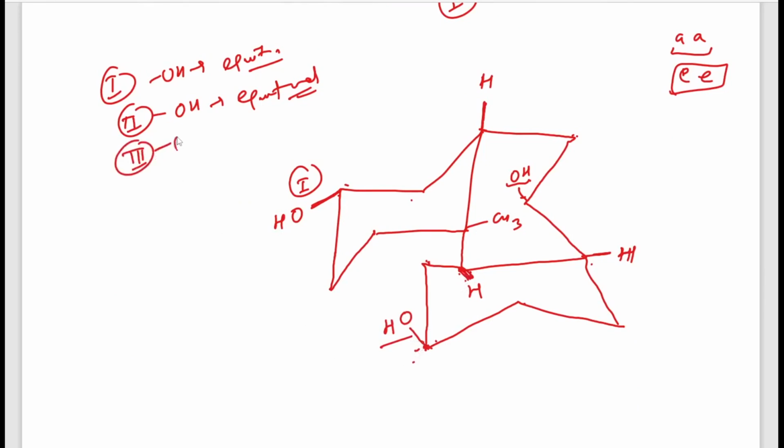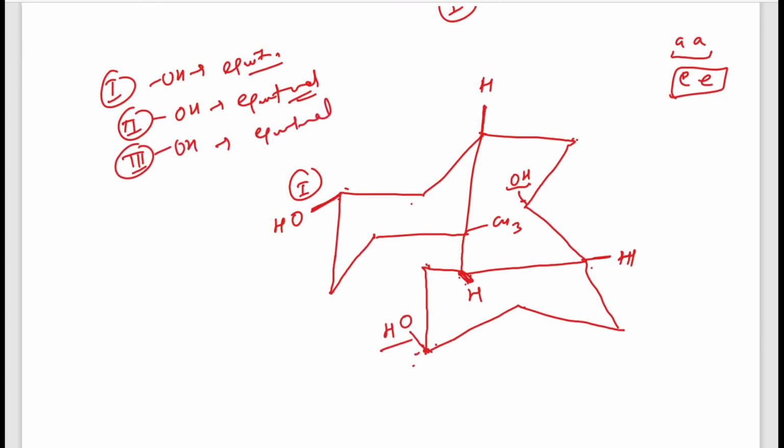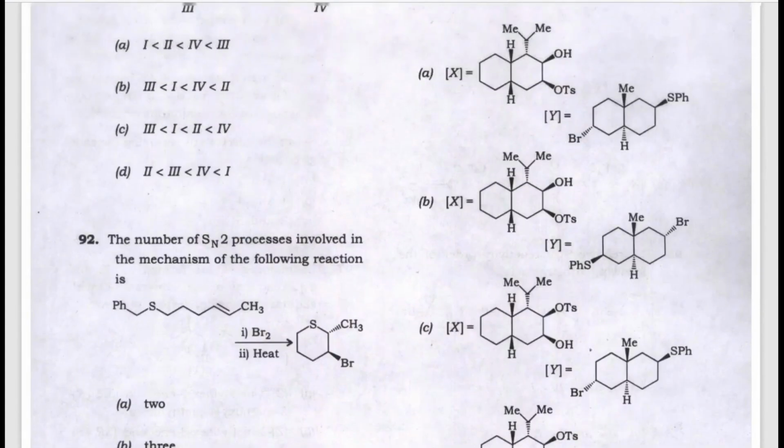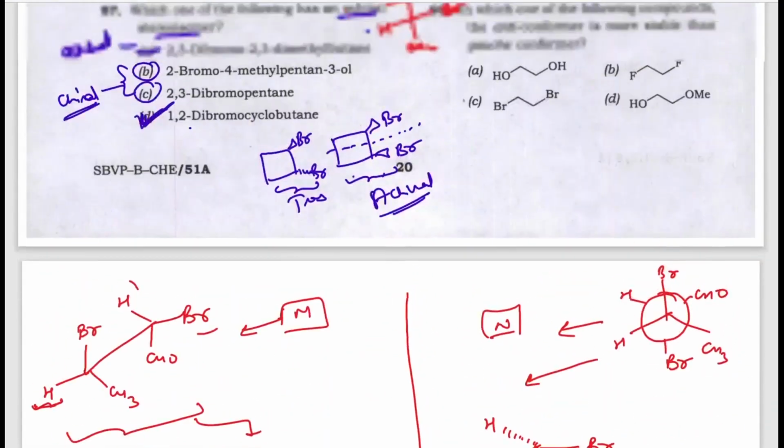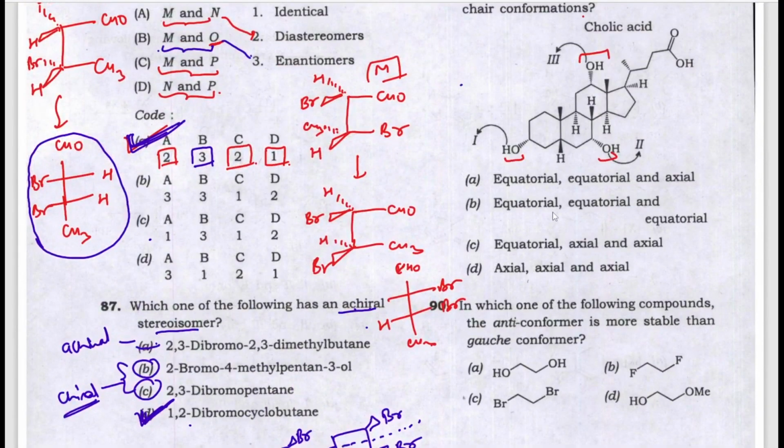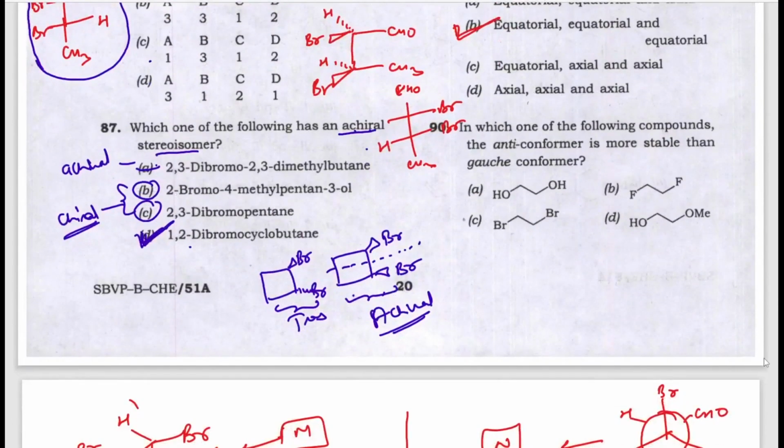So third hydroxyl group will also be at equatorial position. So all three hydroxyl will be at equatorial positions. So the correct answer is B. Okay, so B is the correct answer of this question.